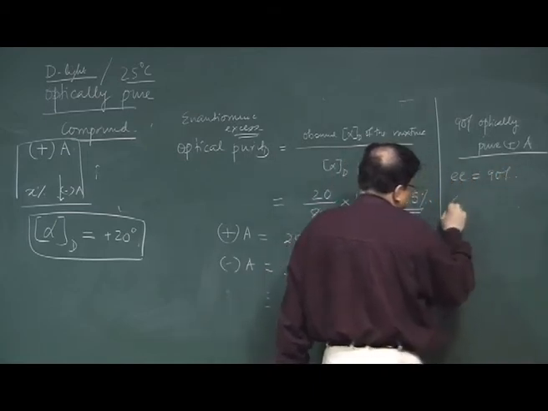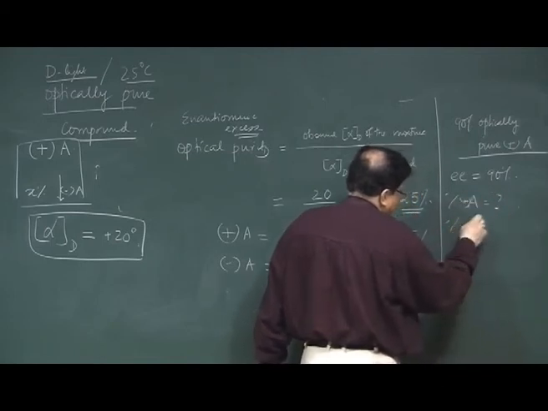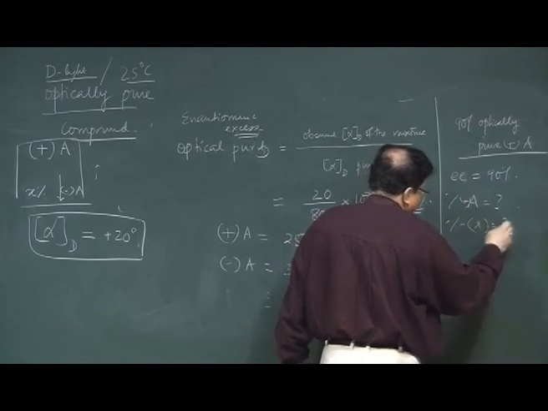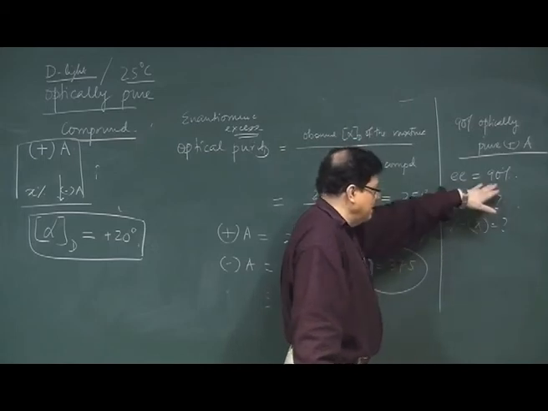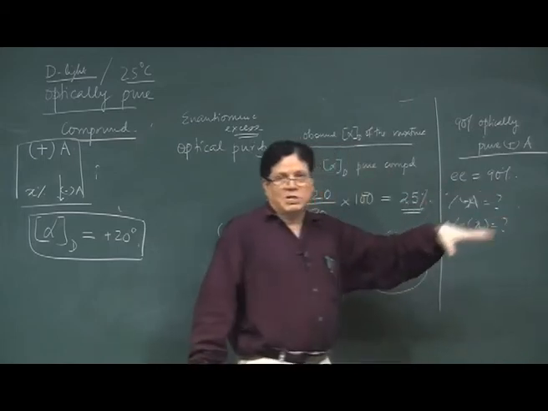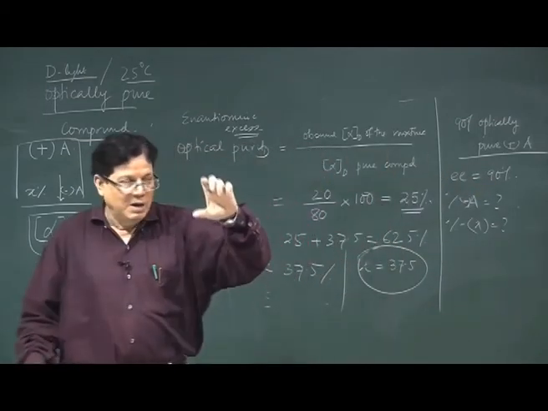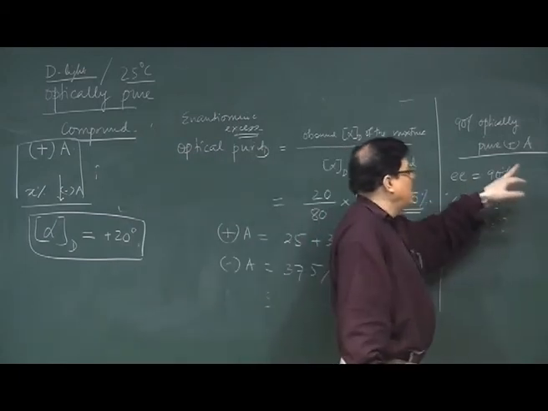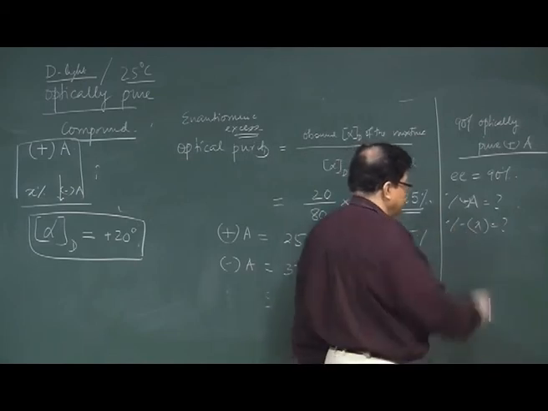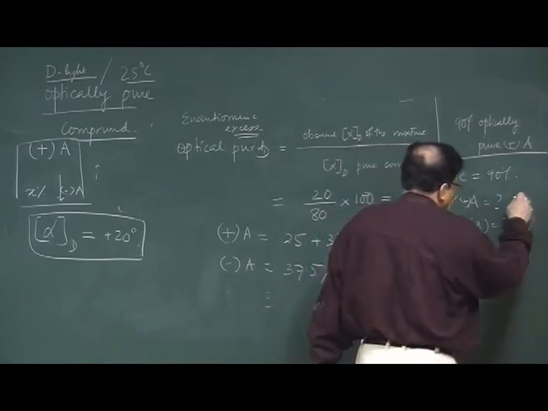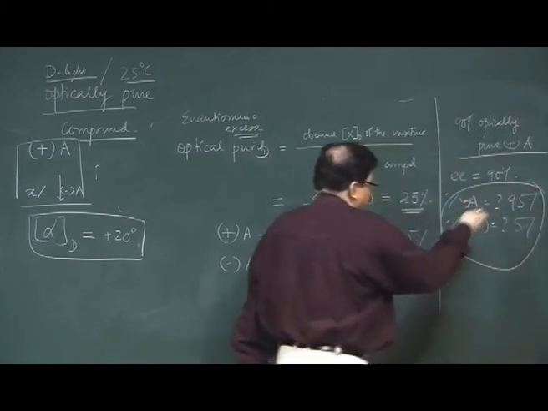Then calculate the percentage of plus A and the percentage of minus A. You can easily calculate, because E is 90%, that means the 10% of it is the racemic mixture, because enantiomeric excess, as I said, is the excess over the racemic amount. So, the racemic amount is 10%, and out of this 10%, 5% is plus A and 5% is minus A. So, this becomes 5% and this becomes 95%.